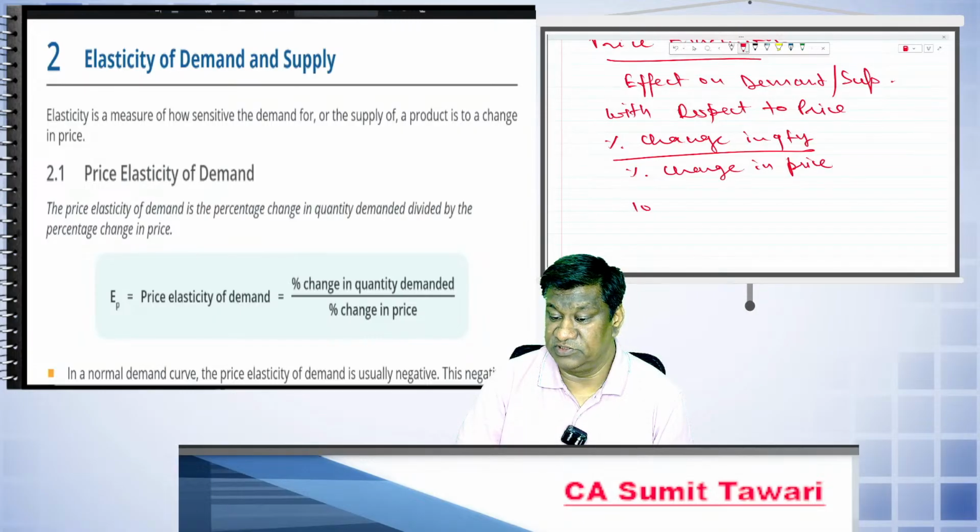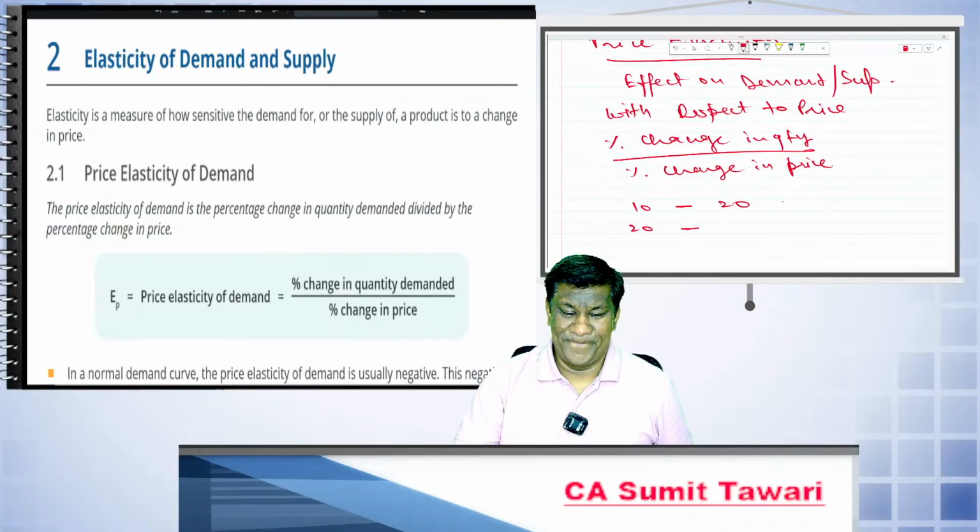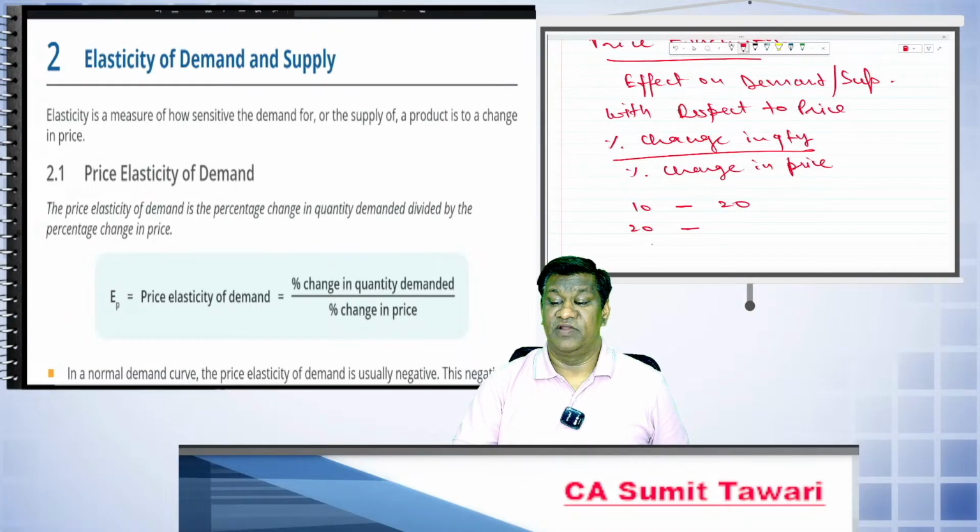At 10 rupees, I can buy 20 quantity, because we are calculating the demand, that is, how much the customer can consume. At 20 rupees, how much am I going to buy? We are calculating the price elasticity of demand. At 10 rupees, I can buy 20. At 20 rupees, how much quantity can I buy? Is it less than 20 or greater than 20?